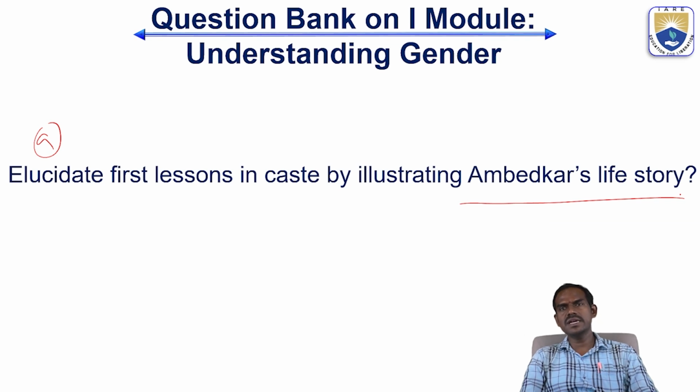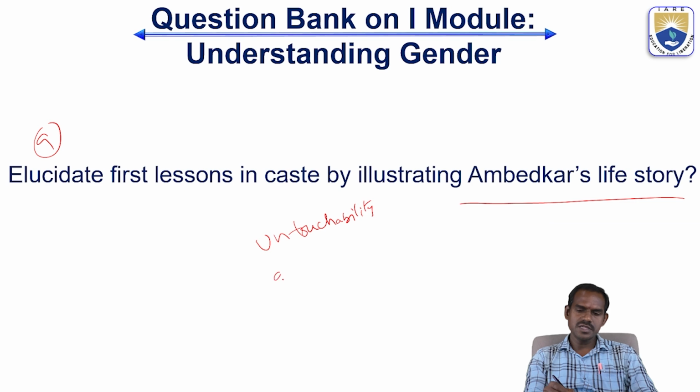He faced many hurdles that I explained during the module explanation. Mainly Ambedkar faced untouchability. Why did he face untouchability?